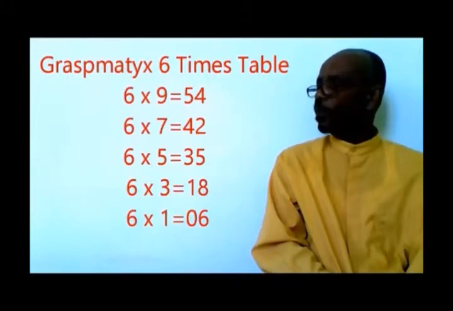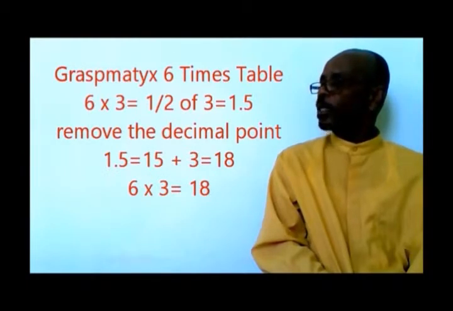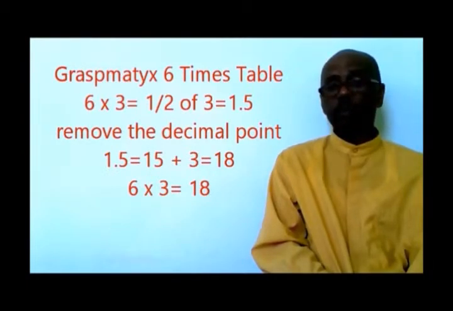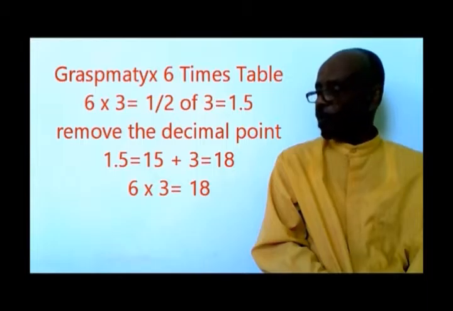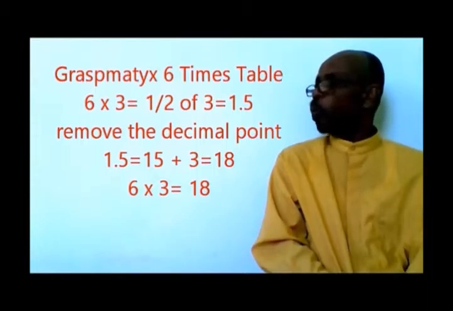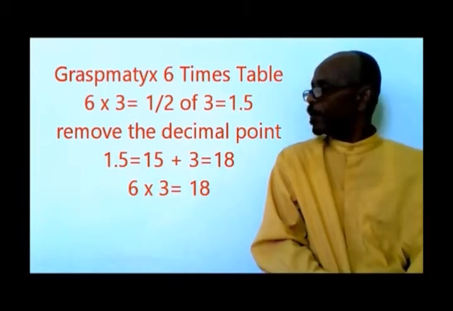What about 6 times 3? Let's start there. First thing you can do is identify that 3 is an odd number, and the personality of 3 is odd. So what you do is find the half of 3. What is the half of 3? Well, the half of 3 is 1.5.